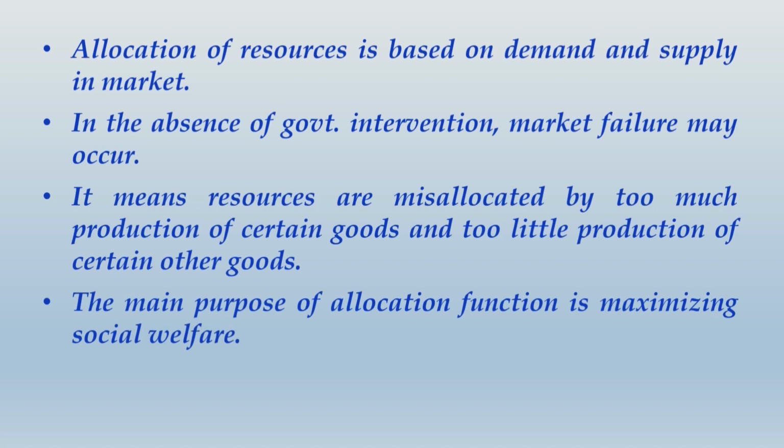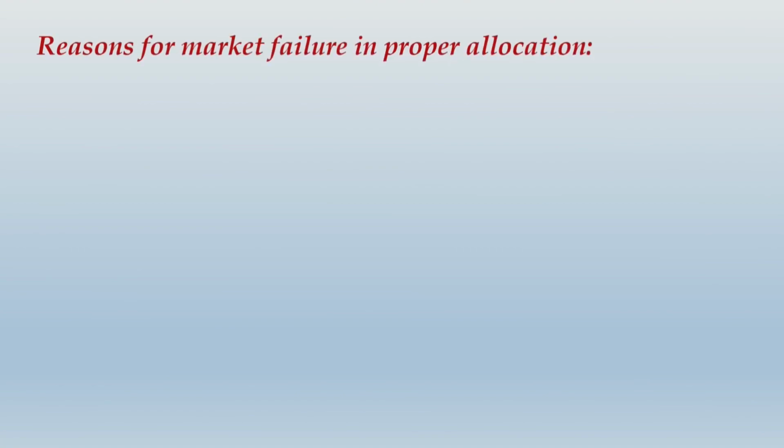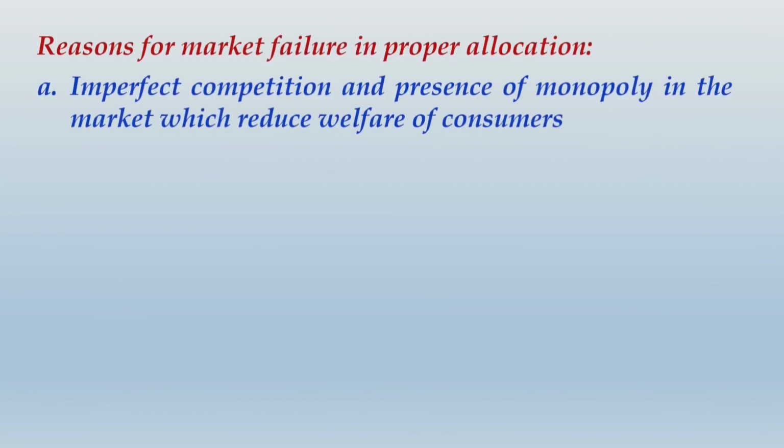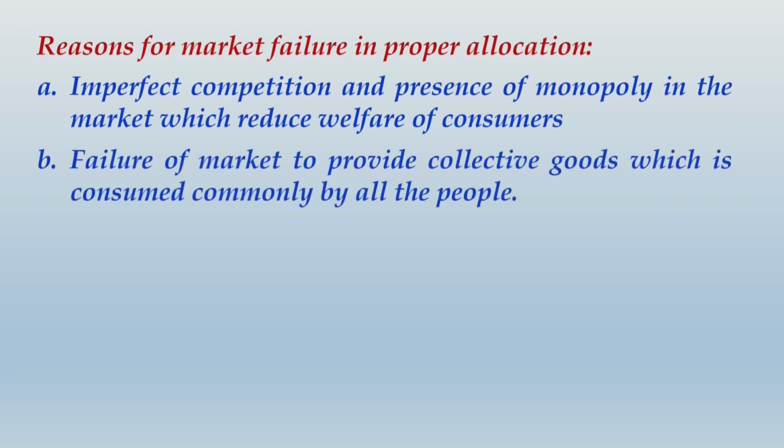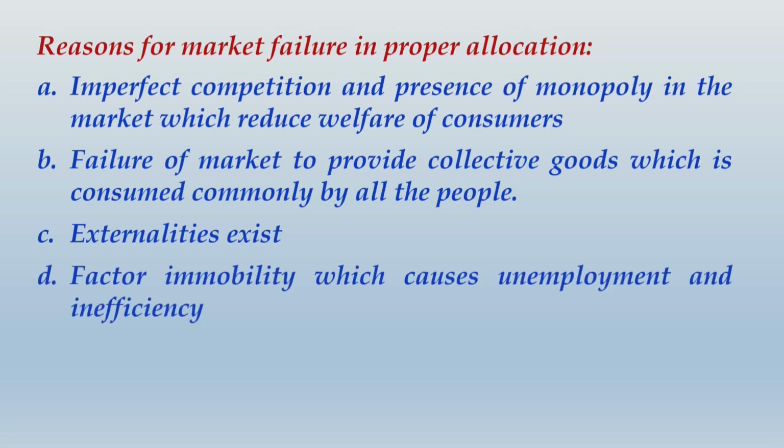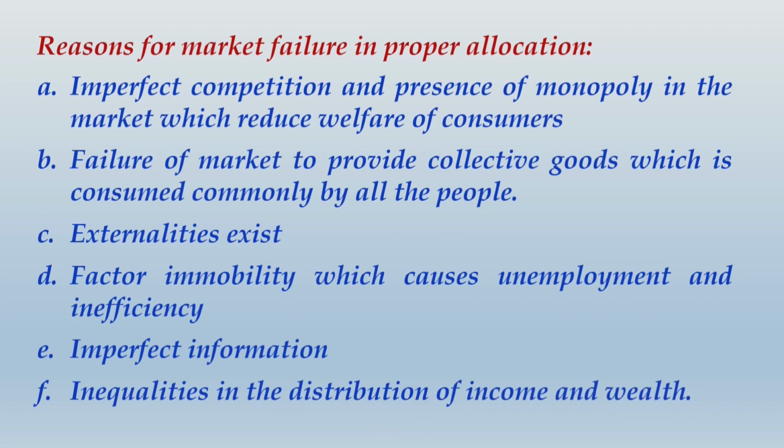Alright friends, once you have written this much, let us move ahead and continue writing further. Reasons for market failure in proper allocation: imperfect competition and presence of monopoly in the market which reduce welfare of consumers; failure of the market to provide collective goods which are consumed commonly by all the people; externalities exist; factor immobility which causes unemployment and inefficiency; and imperfect information, inequalities in the distribution of income and wealth.